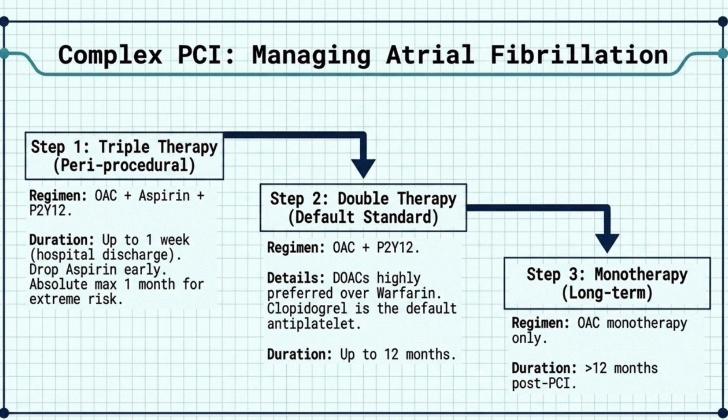Drop the aspirin early, rely on DOACs over warfarin, and use clopidogrel as your default antiplatelet partner. Minimizing the duration of triple therapy is the single most effective intervention we have to protect our patients from catastrophic bleeding while keeping their stent patent and their brain protected from stroke.